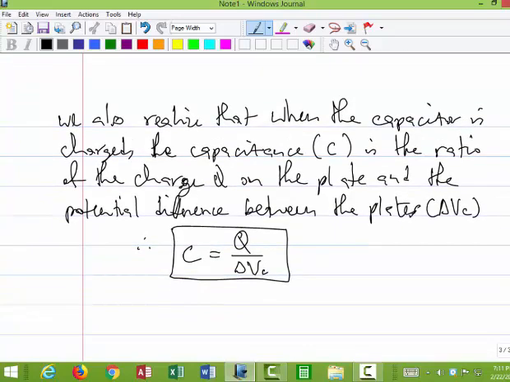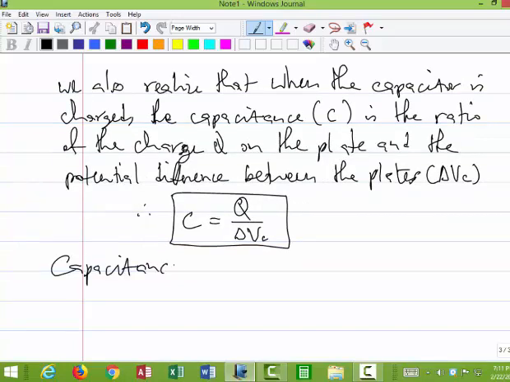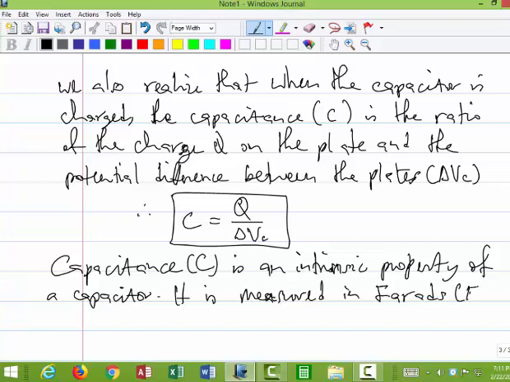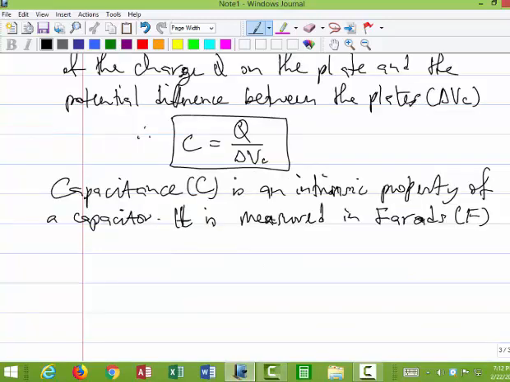This is called the capacitance of the capacitor. Capacitance C is an intrinsic property of a capacitor. It is measured in farads, letter F, so 1 farad is equal to 1 coulomb per volt.